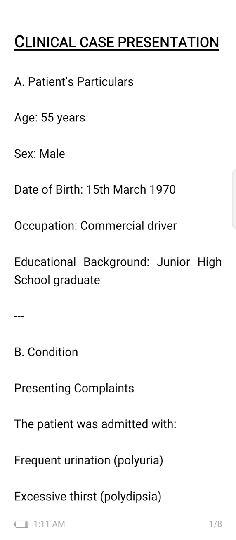So these are the things you can include in writing the patient's particulars.